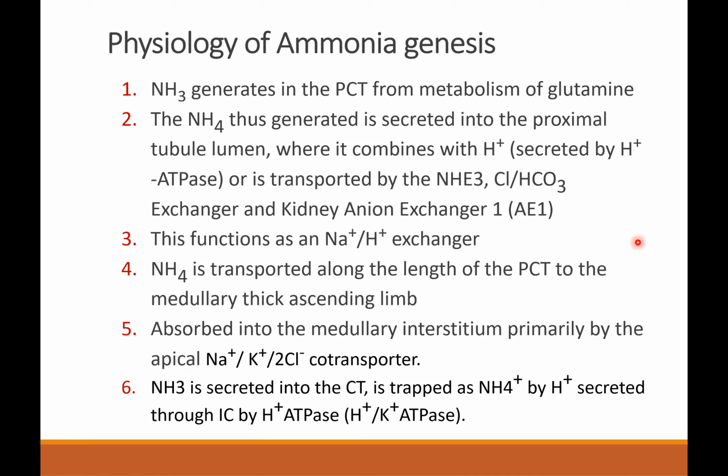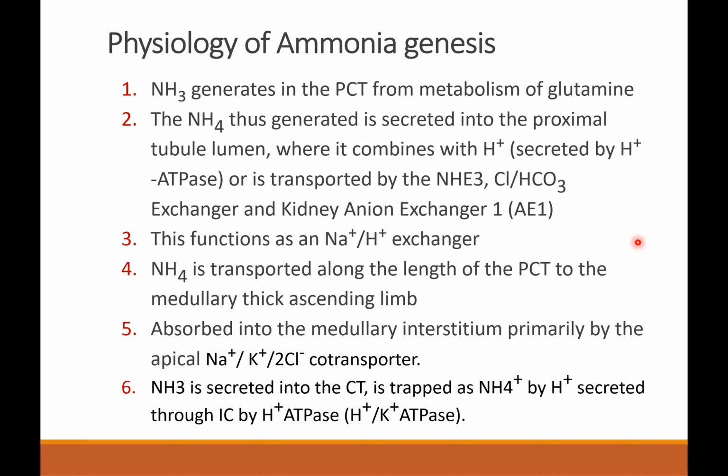So the odor of the urine is basically because of the ammonia or the ammonium ion. The Cl-HCO3 exchanger is called the kidney anion exchanger 1, AE1, which is present in the distal convoluted tubule. This functions as a sodium hydrogen ion exchanger.